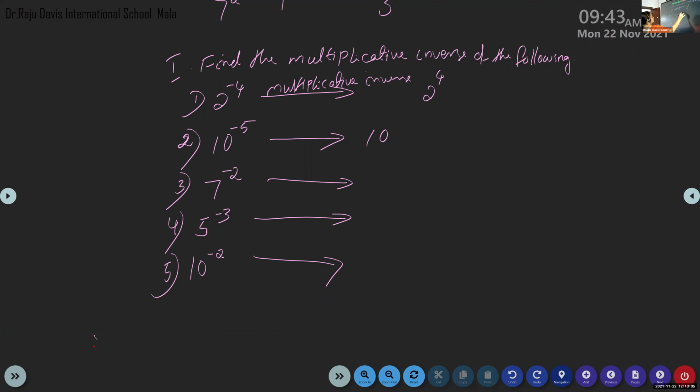Ten raised to 5, 7 raised to 2, 5 raised to 3, 10 raised to minus 2, 10 raised to 2. These are the multiplicative inverses. To get the multiplicative inverse, you have to change the sign of the exponent.